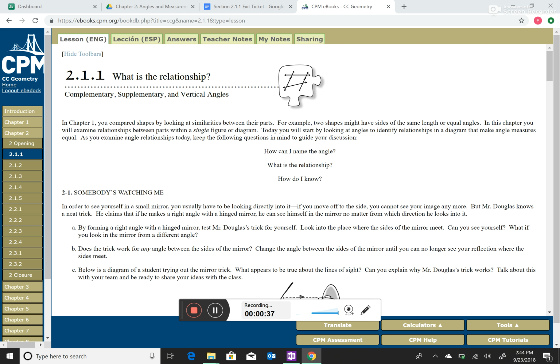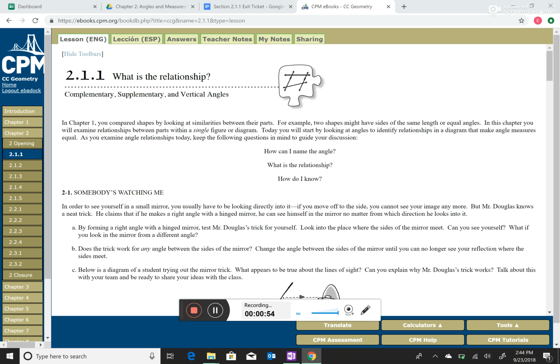So we are starting a new chapter. We are starting chapter 2, which is all about angles and measurements.